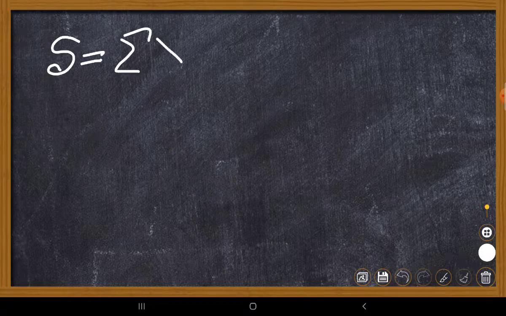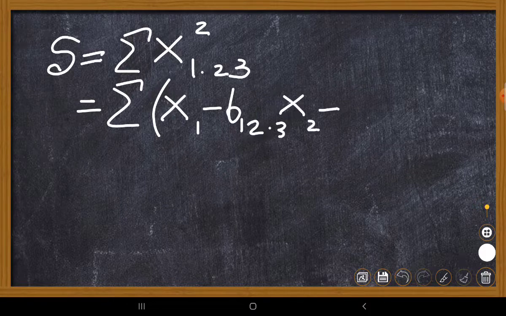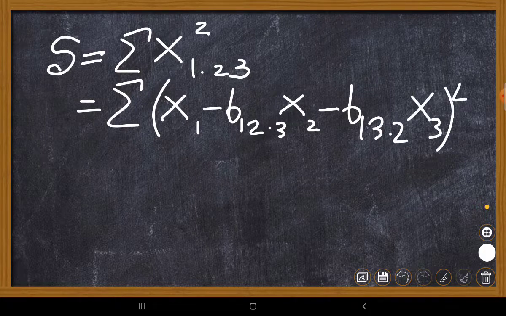The residual sum of squares, suppose we denote by S, will be equal to the sum of the squares of x1.23, and this x1.23 is nothing but the difference x1 minus b12.3 x2 minus b13.2 x3, whole thing squared.